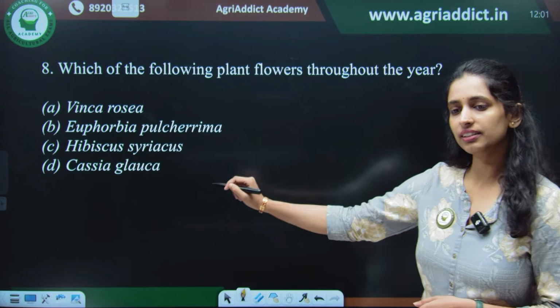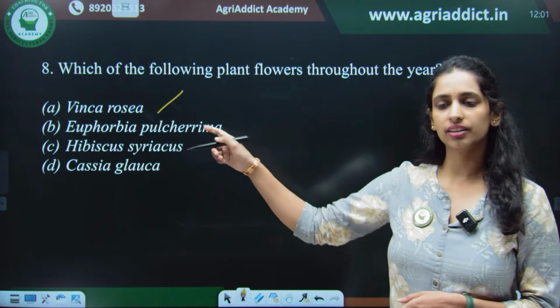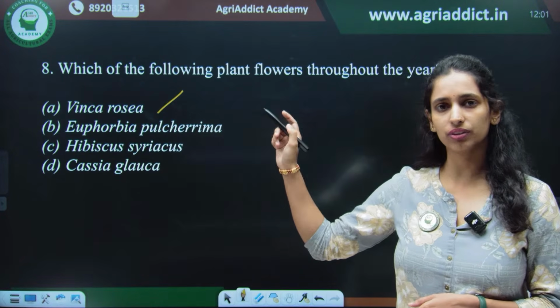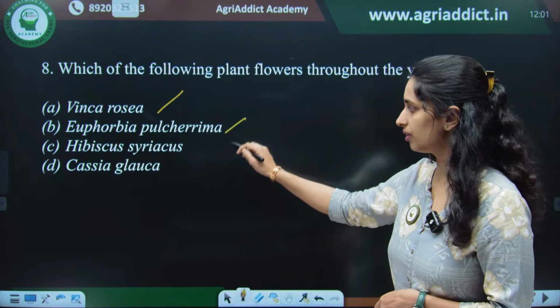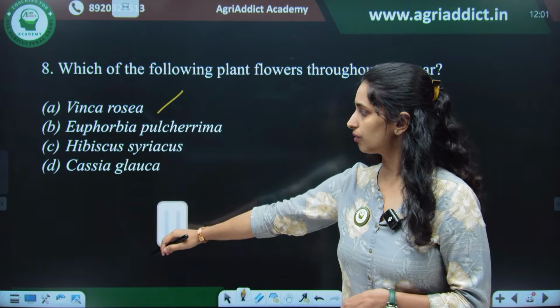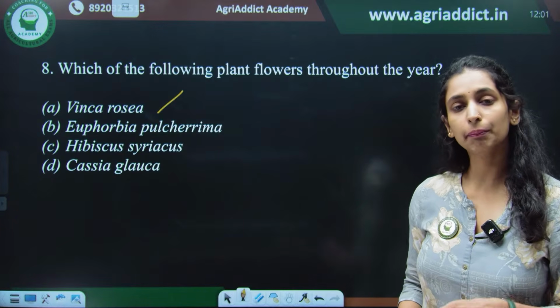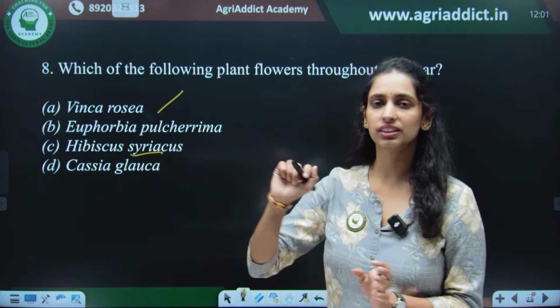The correct answer is Vinca rosea for this. This is a plant which flowers throughout the year. Others, Euphorbia pulcherrima and Hibiscus syriacus, Cassia glauca. They all are seasonal. Hibiscus is not seasonal, but Hibiscus syriacus is seasonal.